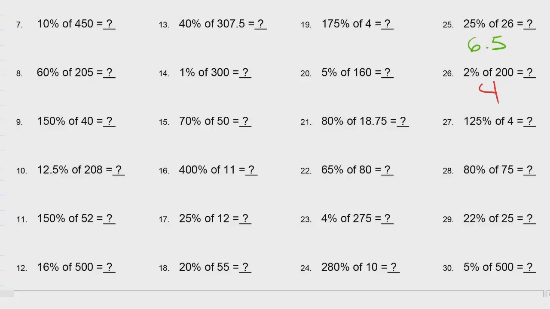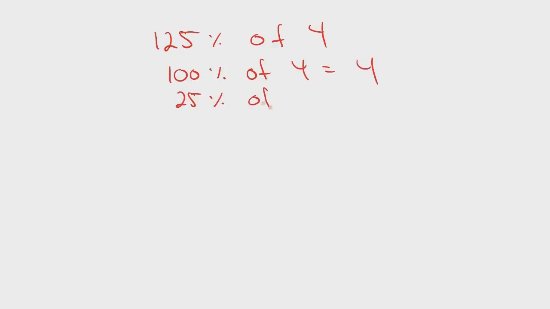Problem 27. You have 125% of 4. You could do this a few ways. A quick way is you could just find 100% of 4, which would equal 4, and then you just do 25% of 4. 25% is 25 over 100, which is 1/4.